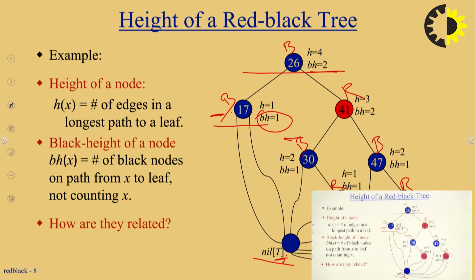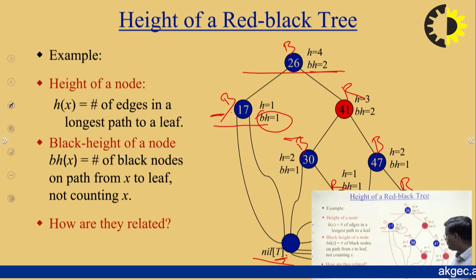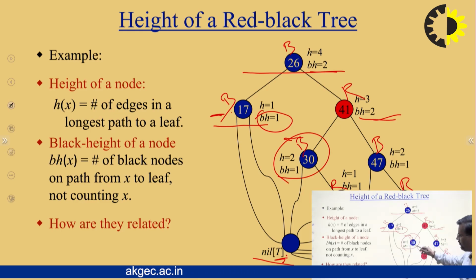Okay. Next thing, this one: black height of 2, since this is black and this is black, means 2 blacks, so the black height is 2. And how much is the black height of this? 30, black 3, BH is equal to 1, means the black height is 1. Same here and same here. Okay.